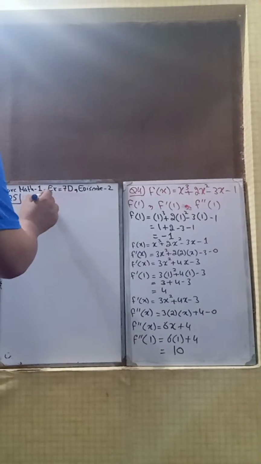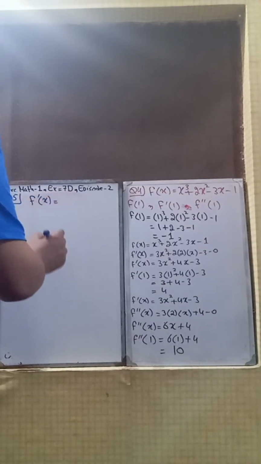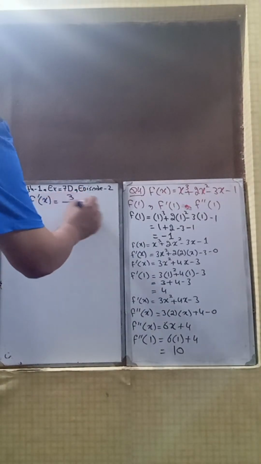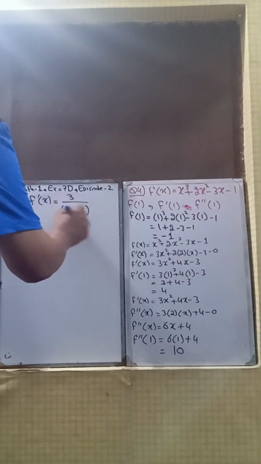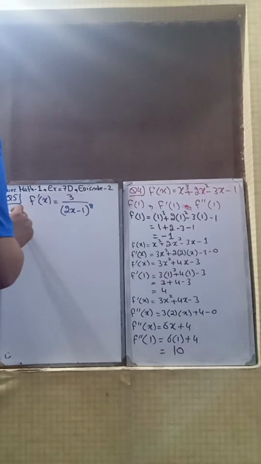This is the first derivative of something. It is 3 divided by the 2x minus 1 raised to power 8. And the question is: find the second derivative.